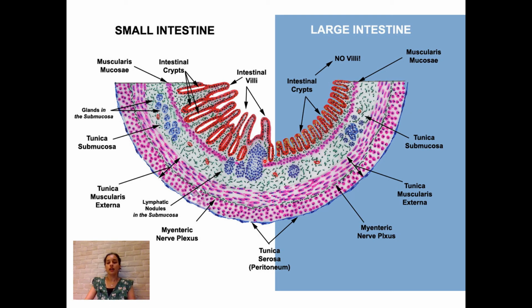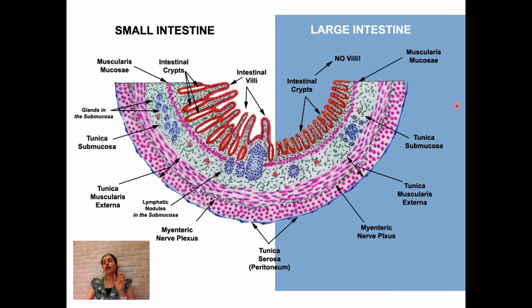Okay. The small intestine is entirely intraperitoneal, especially the jejunum and ileum. The large intestine, as you know, is divided into different segments: cecum and appendix, then ascending colon, transverse colon, descending colon, sigmoid colon, rectum and anal canal.